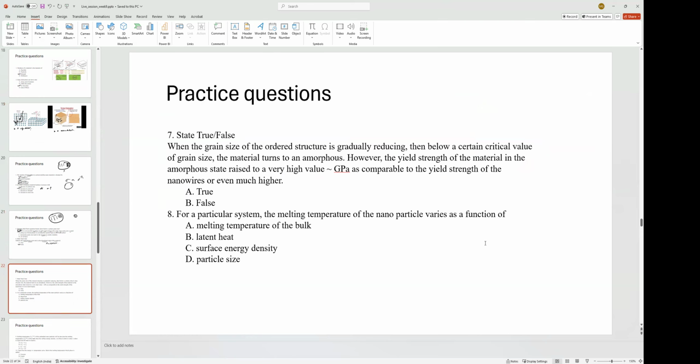And the grain size of an ordered structure is gradually reducing, and below a certain critical value of grain size, the material turns amorphous. However, the yield strength of the material in the amorphous state rises to a very high value, in gigapascals, as compared to the yield strength of nanowire or even much higher.